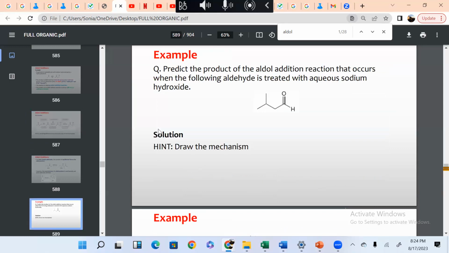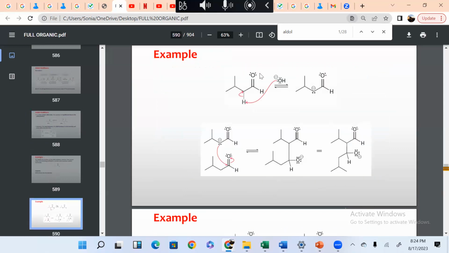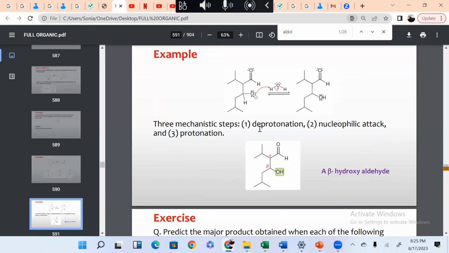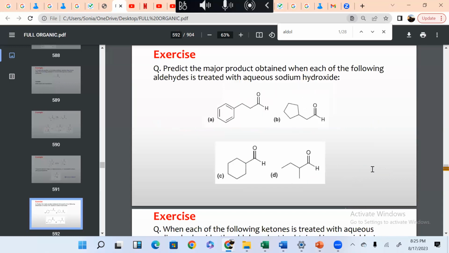You'll be able to form the products. Here it is: OH reacting at this point, formation of this intermediate, then this attack, and we have the formation of our final product. So there are 3 mechanistic steps: deprotonation, then nucleophilic attack by our nucleophile, and finally protonation, resulting in a beta hydroxyaldehyde.